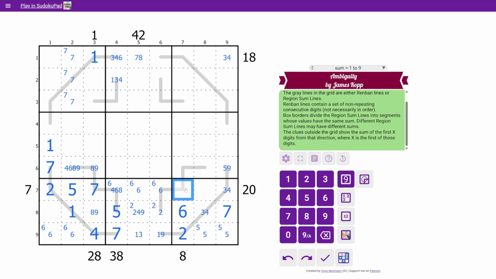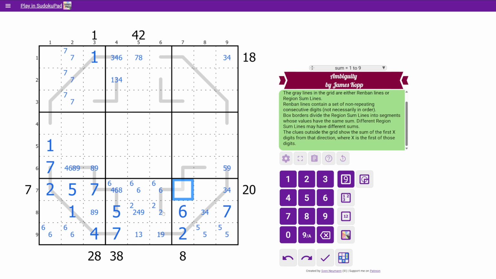Unless this was maybe a 1. No, that couldn't be a 1 then. If this was a 2, 6, I don't think this could be a Rinban. Because this could not be a 3, 4, 5, 6, 7. But that's only if that's a 2, 6.